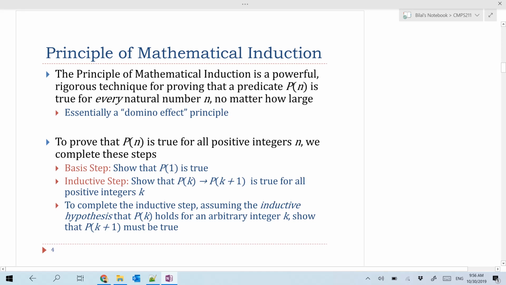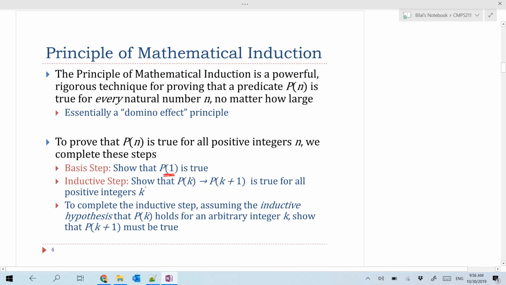So typically the basis step is 1, but sometimes for certain cases, the property is only true for n greater than or equal to 4 or greater than or equal to 10, I don't know. So this is what we call the base case. In this slide here, we consider the typical case where the base case is equal to 1.